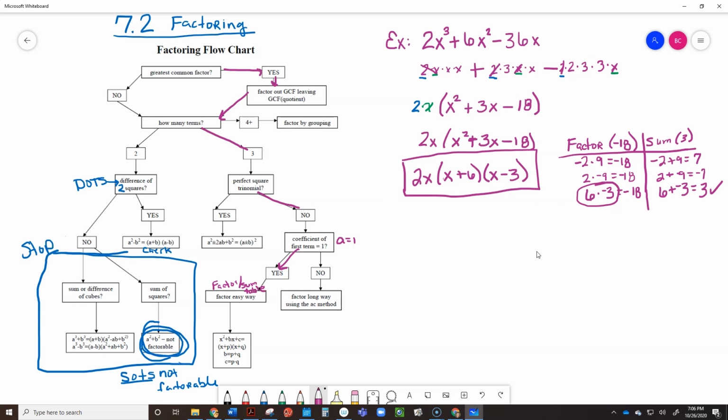And by the way, be sure you understand this. Notice the a is 1, so that's why they have the 1x squared plus bx plus c.